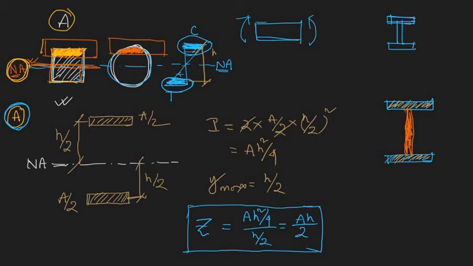Got it? So you may not get this exact section modulus for this section now. Of course, the section modulus for this section, which we call the I section, is less than this one, but compared to the square or the circular one, of course it is higher.